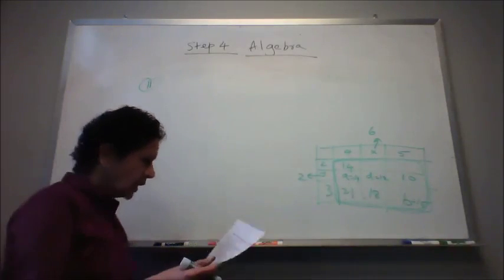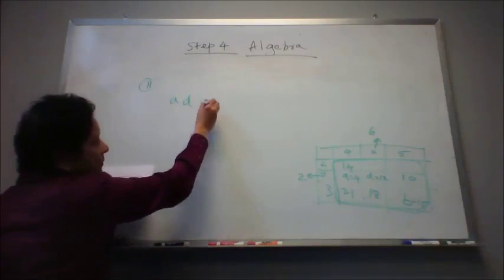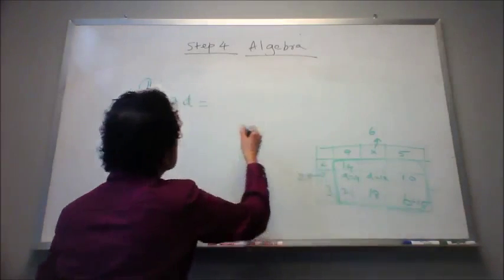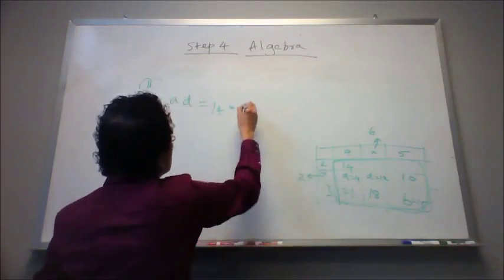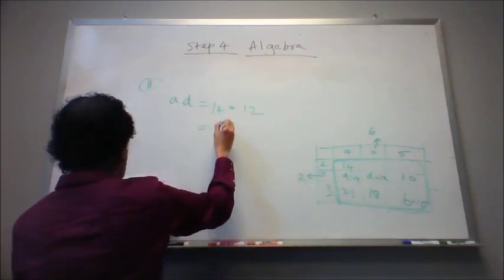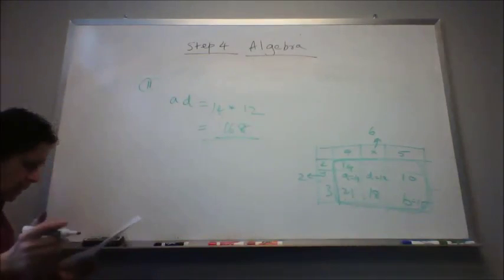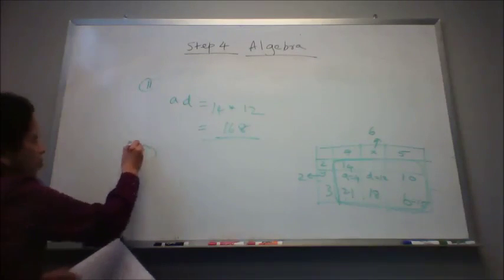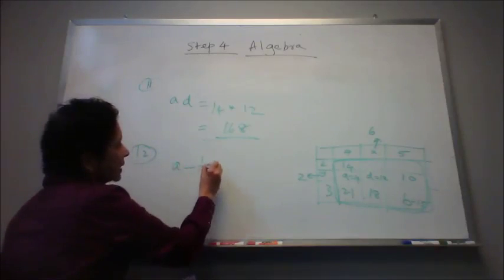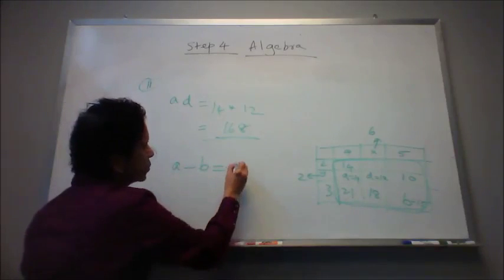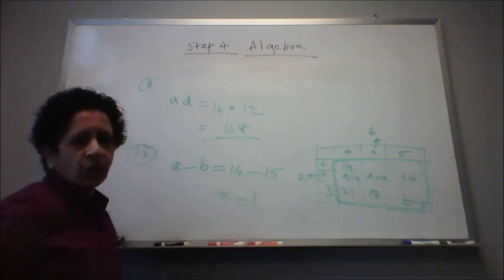Now the question they are asking: AD. What is the value of A times D? A is 14 and D is 12. 14 times 12 is 168. Then problem number 12 asks what is A minus B. A is 14, B is 15, so A minus B is minus 1.